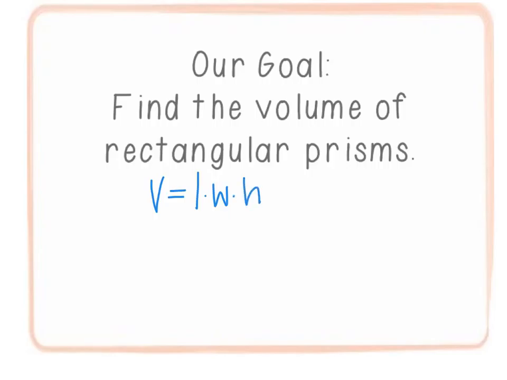If I gave you three dimensions, let's say this was the figure I gave you, and I told you that the length was 6, the width was 7, and the height was 2. You should be able to find the volume of that.